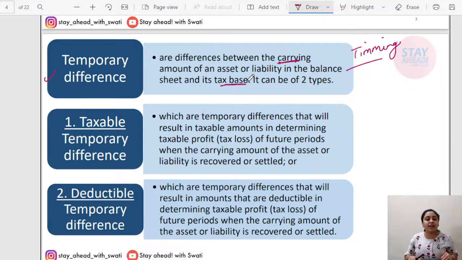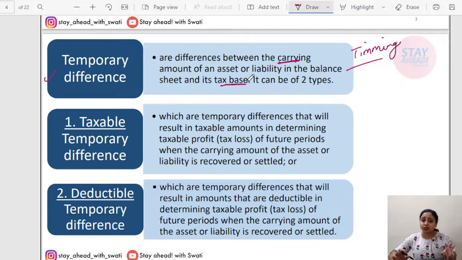For example, as per accounting, the carrying value is depreciated in 5 years, whereas for tax purposes the cost of the asset is depreciated in 7 years.